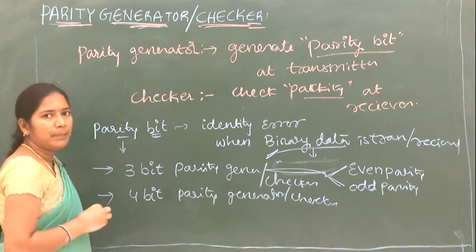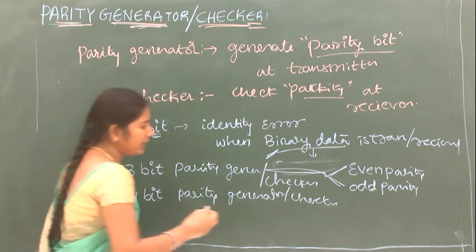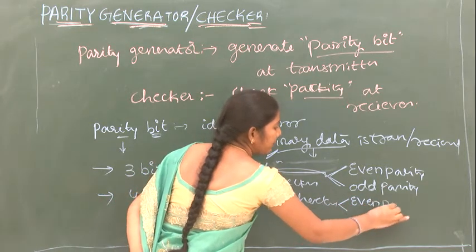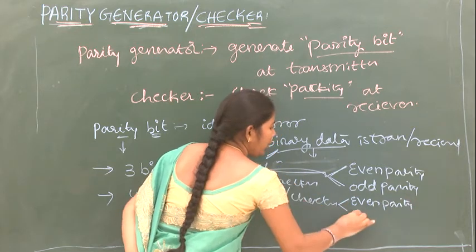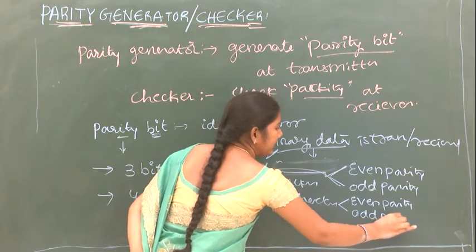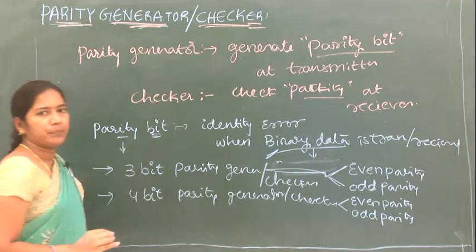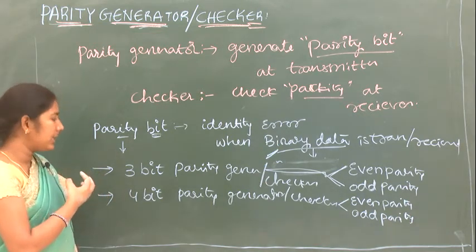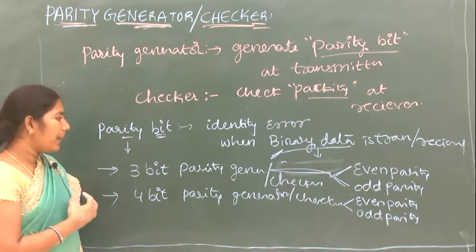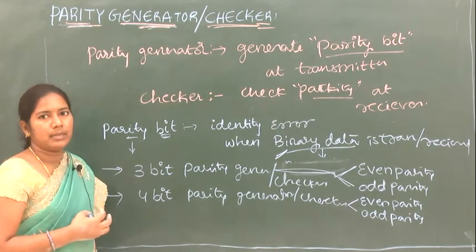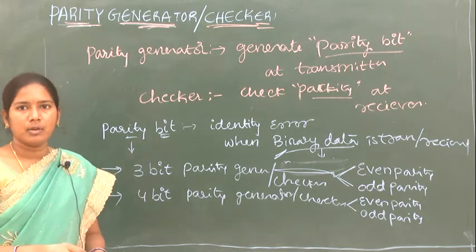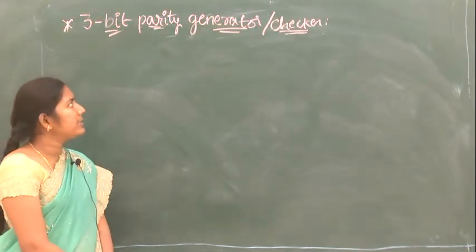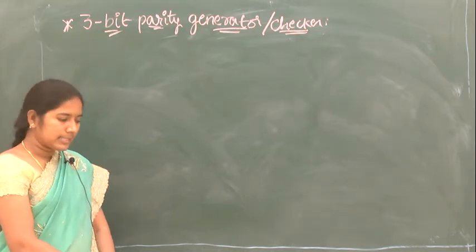Similarly, the 4-bit parity generator or checker also we can design through the even parity scheme or odd parity scheme. Now we will design this 3-bit parity generator and checker, and the 4-bit parity generator and checker. First we will discuss the 3-bit parity generator or checker design.